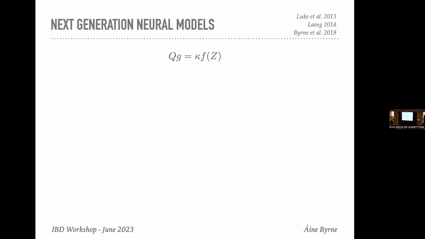And if we apply this Ott-Antonsen ansatz, we get what we call our next generation neural mass model. And now we have a differential operator acting on our conductance variable, and that's equal to, say, our coupling constant times a firing rate.